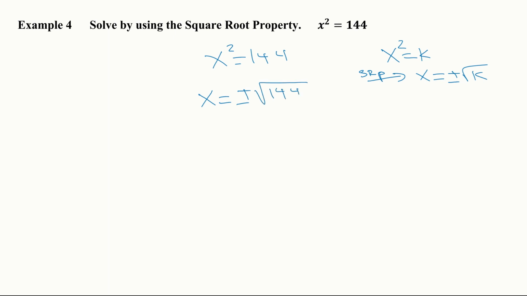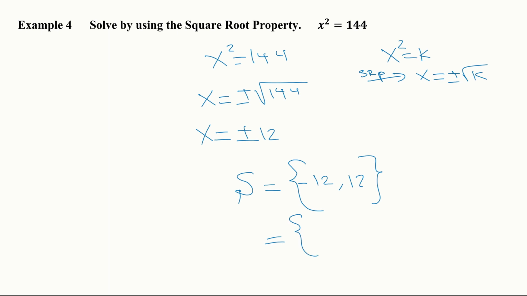So we know that that should be 12, right? So we get x equals plus or minus 12. So when you write your solution set, you're either going to write negative 12 comma 12 or 12 comma negative 12, doesn't make any difference. Or you can write just plus or minus 12 like this, right? So both of those should be acceptable solutions, okay?